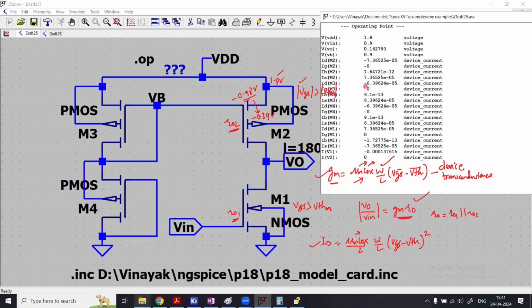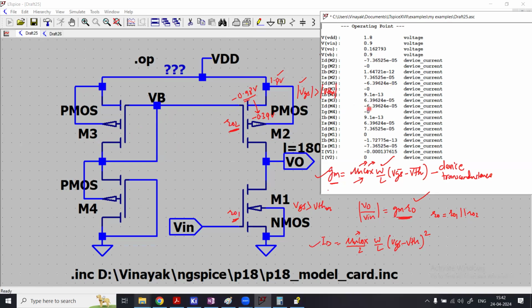Now the drain current of M3, which is a PMOS, again negative, is 63 micro. So here is 73 micro, 63 micro. Approximately the same, but still not the same, because that's a current mirror. So we theoretically predicted M3 will mirror its current into M2, right? But we'll investigate that in a moment.